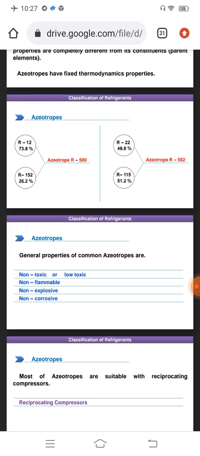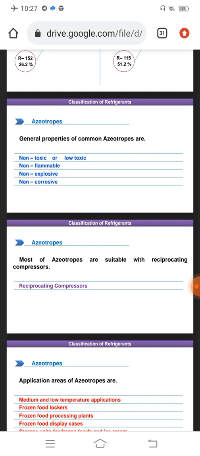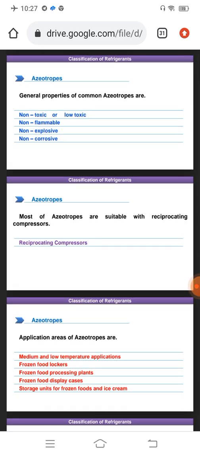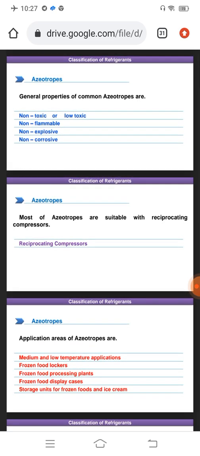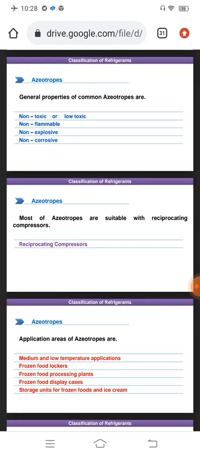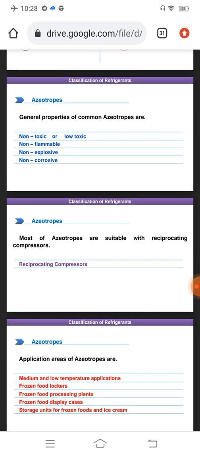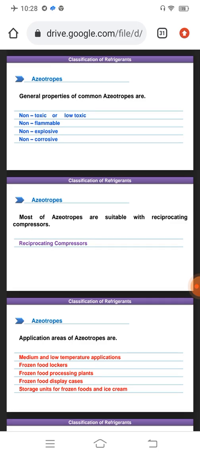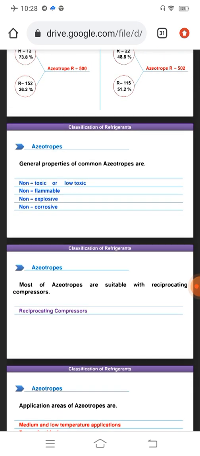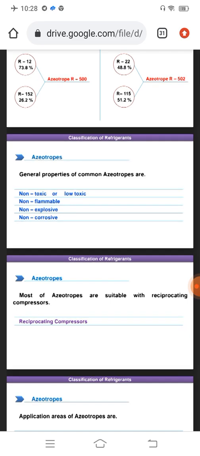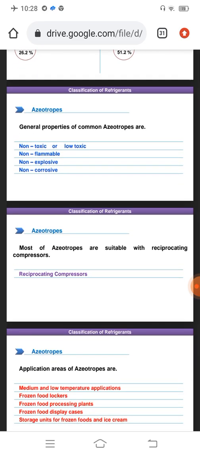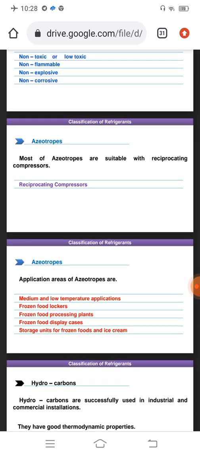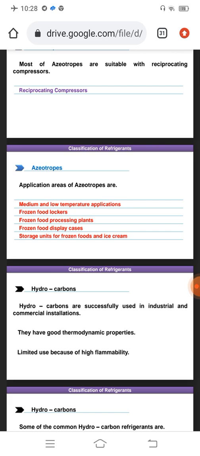As for the application of these azeotropic refrigerants, we generally use them in medium or low temperature applications, frozen food processing plants, frozen food display cases, frozen food lockers, or storage units of ice cream. Mostly we use reciprocating compressors with azeotropic refrigerants.